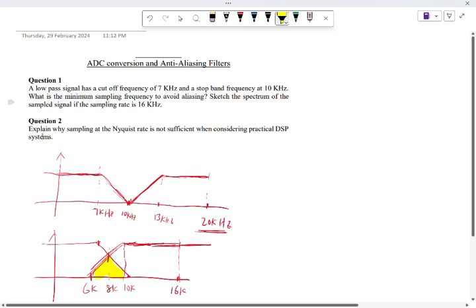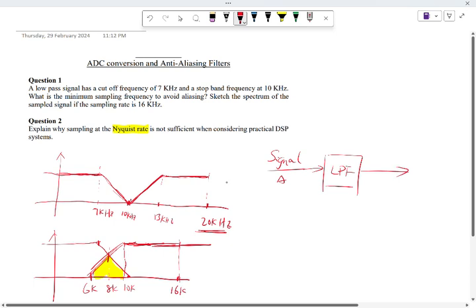And the second question is to explain why sampling at the Nyquist rate is not sufficient when considering a practical DSP system. In a DSP system you have an analog signal. Before you take the sampling, you want to have a low-pass filter, called an anti-aliasing filter.